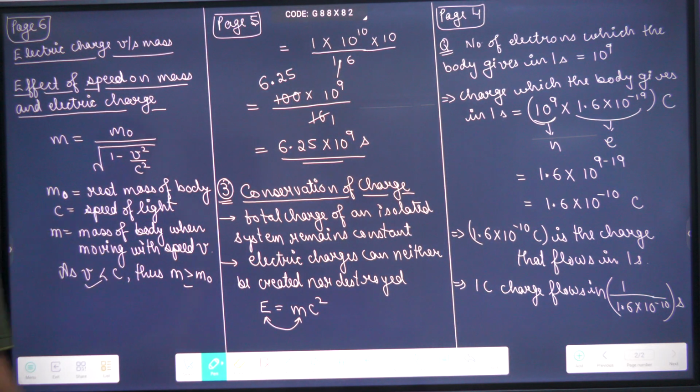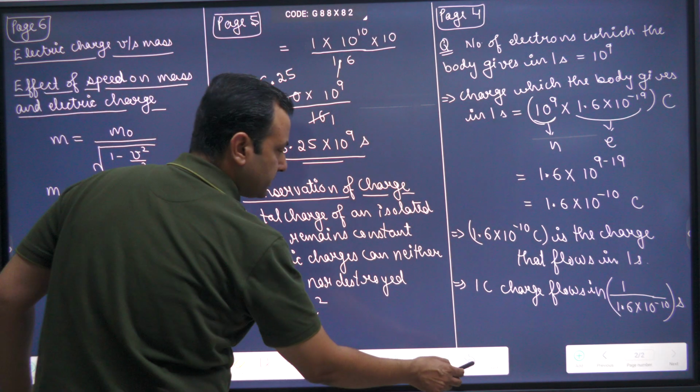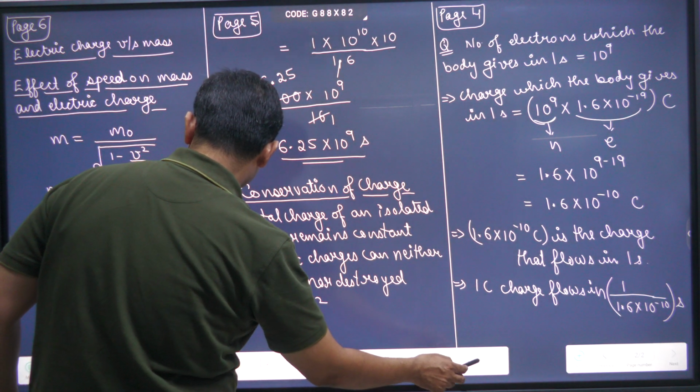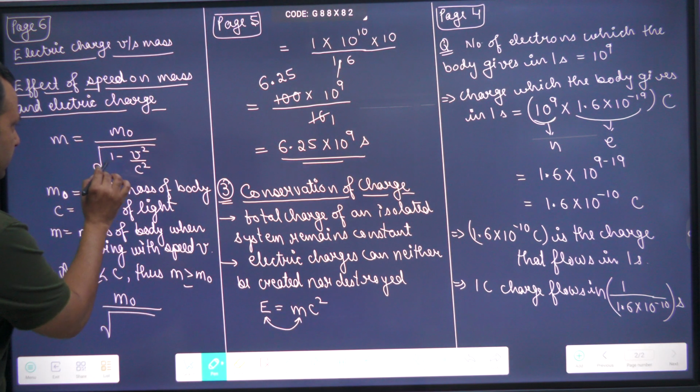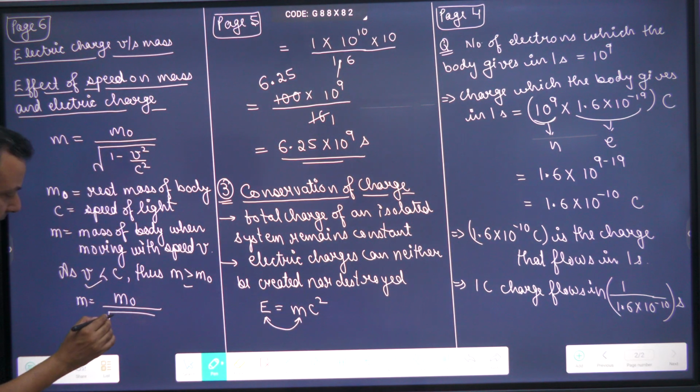And since v is less than c, now I will prove it. Then m is equal to m naught upon under root, sorry, if I take LCM in the denominator, then c square will get multiplied by this 1.